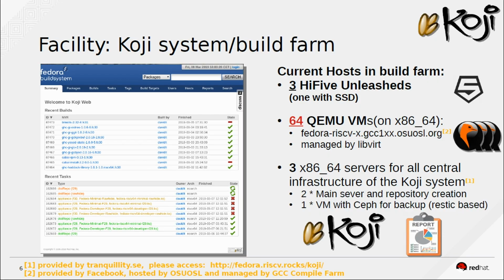Some day, we will have a RISC-V server running Fedora. In our Koji system, we have server hosts to build packages for us. We have 3 HiFive Unleashed boards, one of which has an SSD in it, so it can build images very quickly.